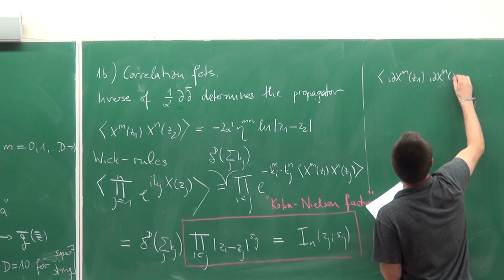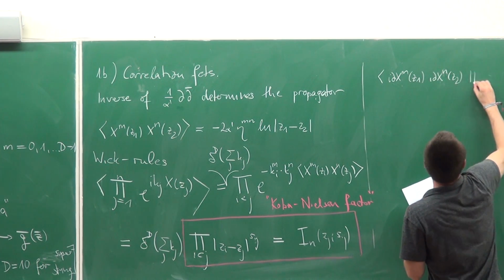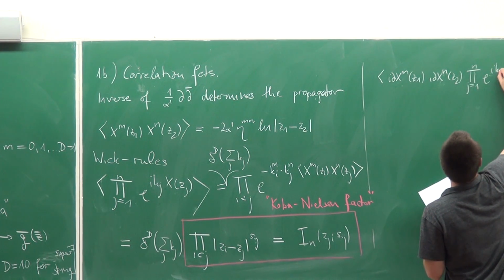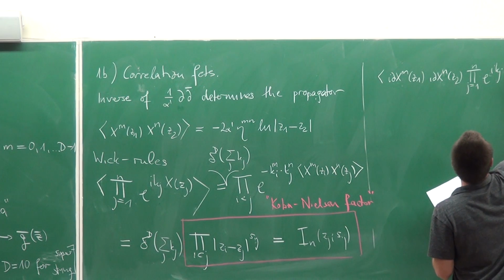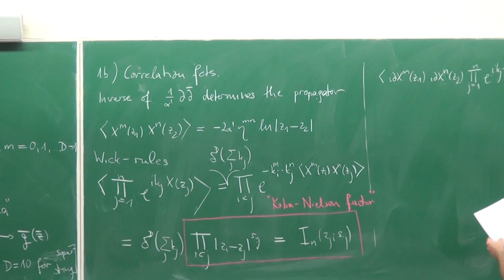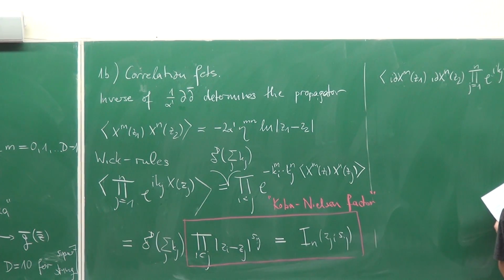And by the Wick rules, you can evaluate those correlators recursively. First of all, the Koba-Nielsen factor always factors out.